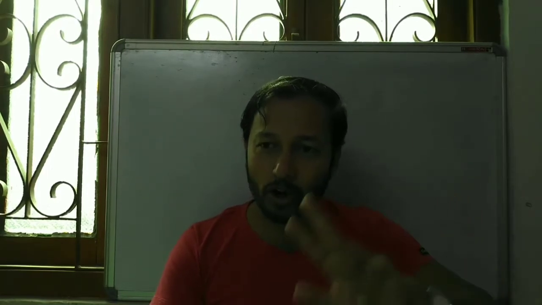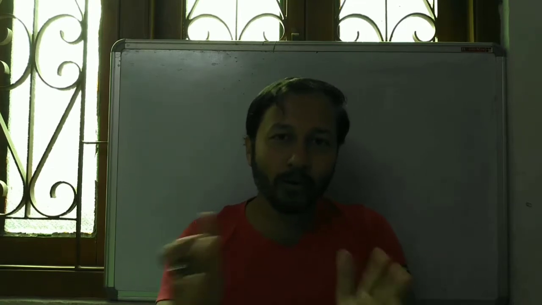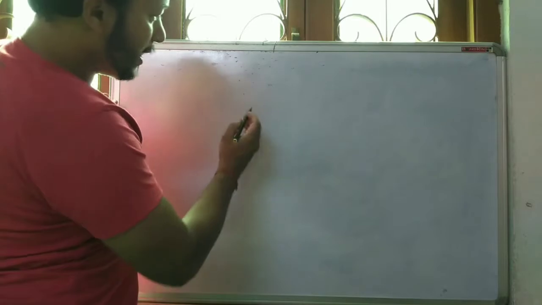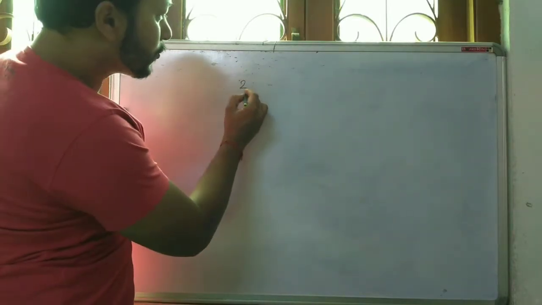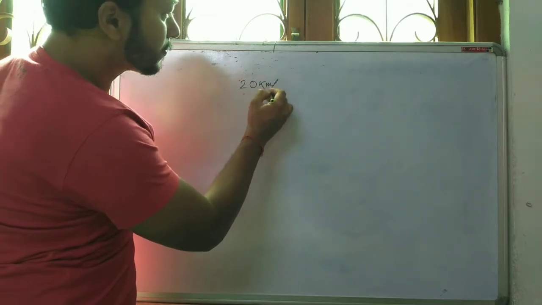So how to calculate this increasing or decreasing of speed numerically, mathematically, we'll see that today. Let us draw it. Say you are here with a velocity of 20 km per hour.